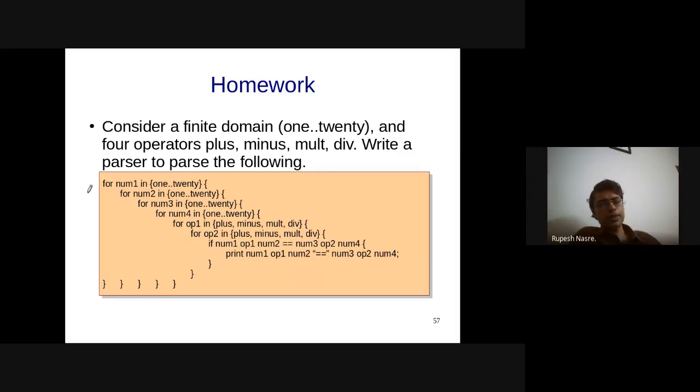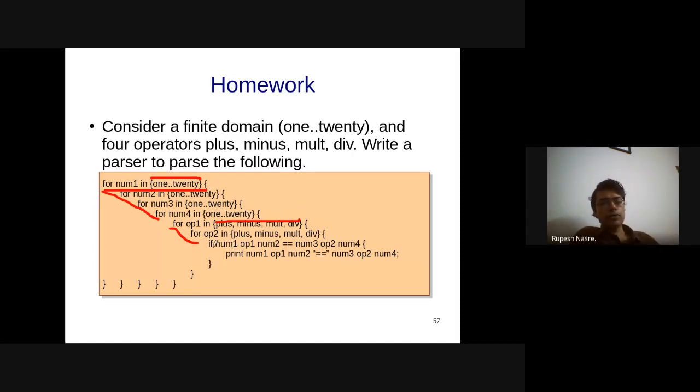The language should look something like this, where you should be able to generate something like for num1 in 1 to 20, then num2 in 1 to 20. So there is arbitrary nesting possible. I have num1, num2, num3, num4 as 4 loops, and then I have different operators also in a set. So there is a range specified by 1 to 20, and then there is a set corresponding to operators. Both of these need to be supported.